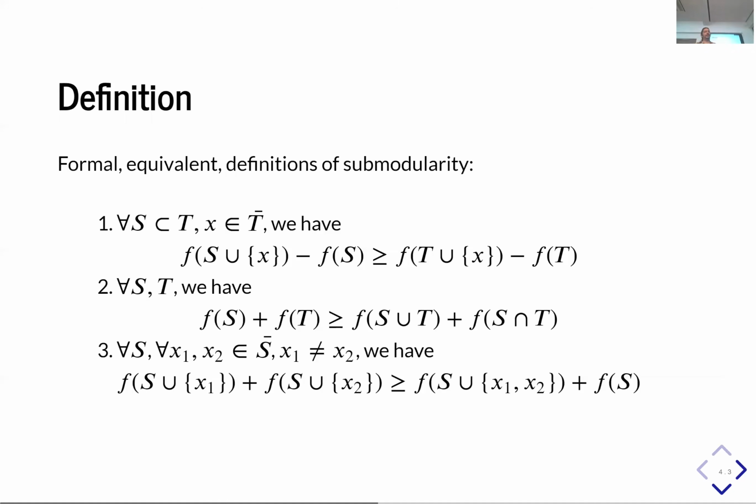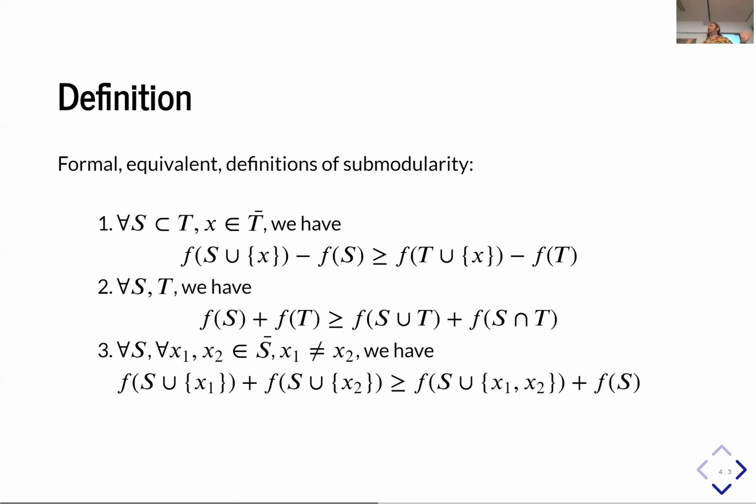The first one is: for any set S included in a set T, included in omega, and for any X outside T, the marginal utility of X when you start from S is greater than the marginal utility of X when you start from T. Did I get that right? Yeah, exactly. Perfect.